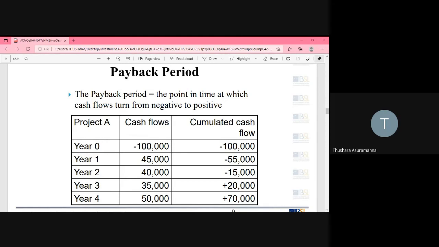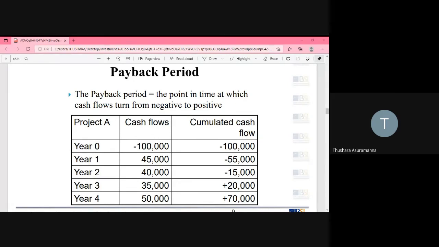How do you include it here? Then what could be the year 3 cash flow? Plus 35,000 and minus how much? 20,000. Then the net cash flow actually should be only 15,000 here.